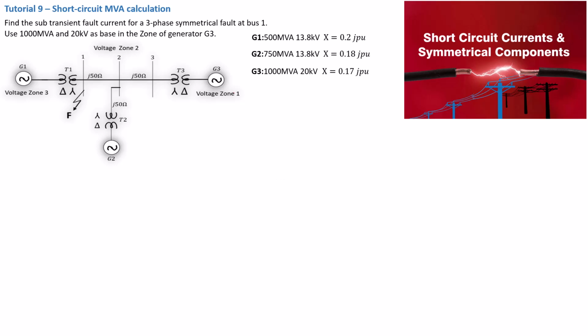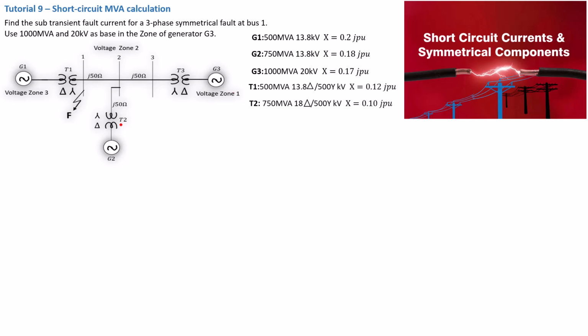Generator 3 ratings are the ones we are told to use as the base for our entire network.